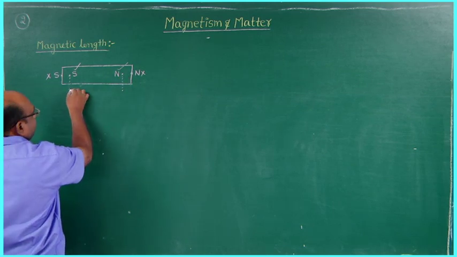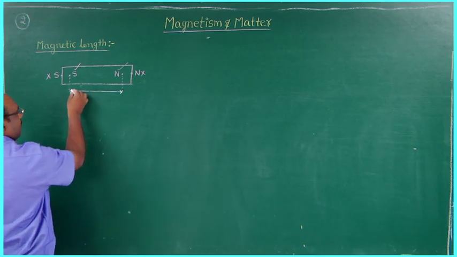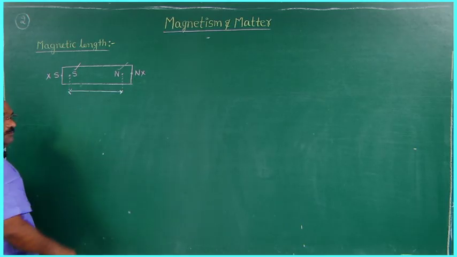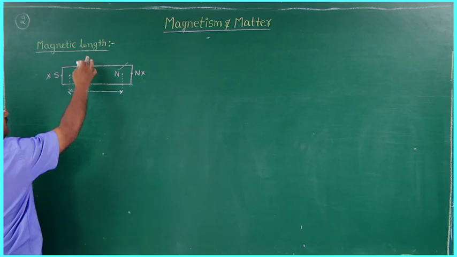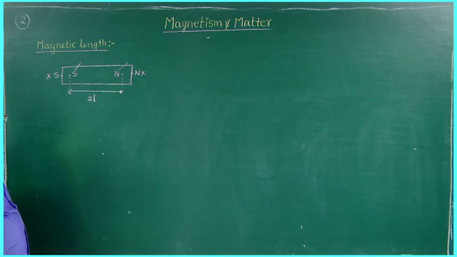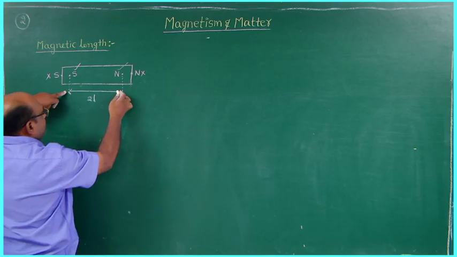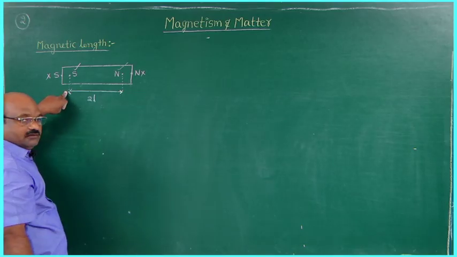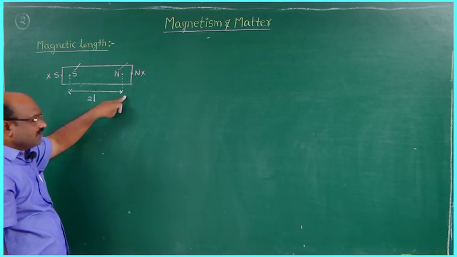The shortest distance between the poles of the magnet is said to be the magnetic length. This magnetic length is denoted by 2L. 2L means where to where you have to take the length: from the position of the south pole to the position of the north pole.